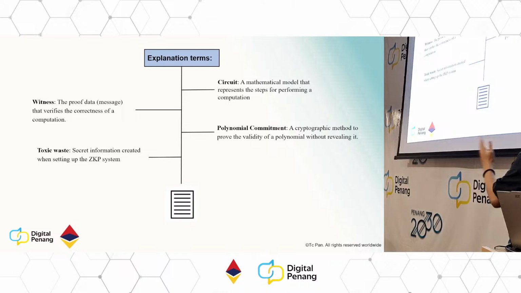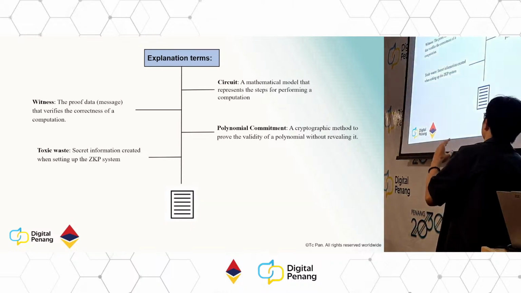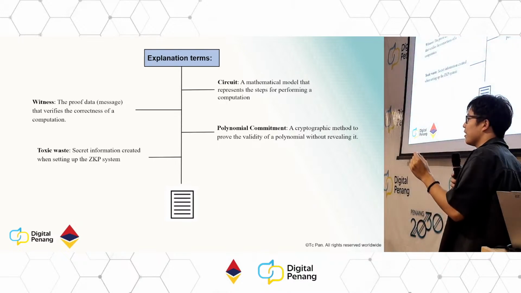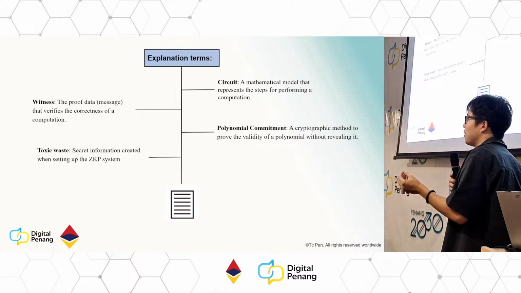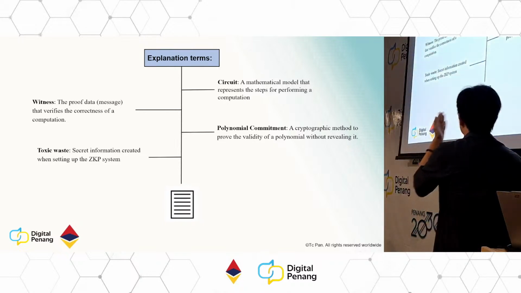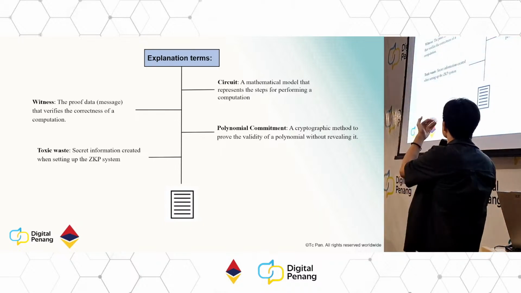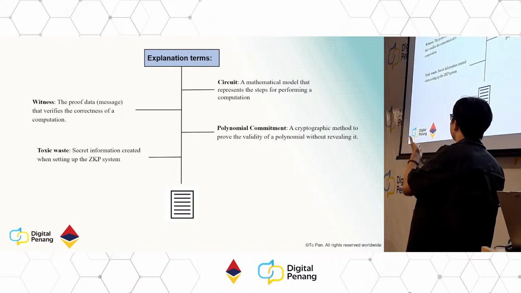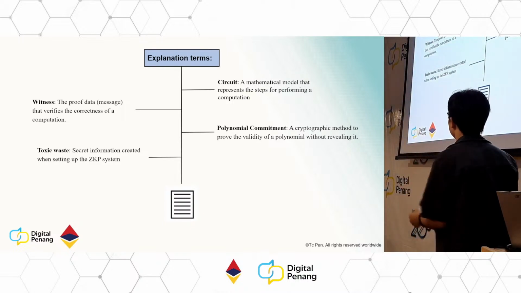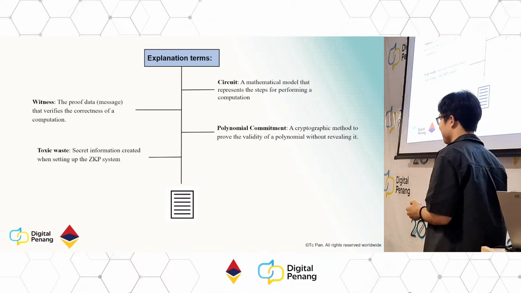So these are the explanation terms before I go deep into the operations of how zkEVM works, because it actually involves some mathematics as well as some complex terms. So just to give the audience an overview of the terms that will be used here. The first one is witness. It's the proof data that verifies the correctness of a computation. Toxic waste is secret information created when setting up the ZK system.